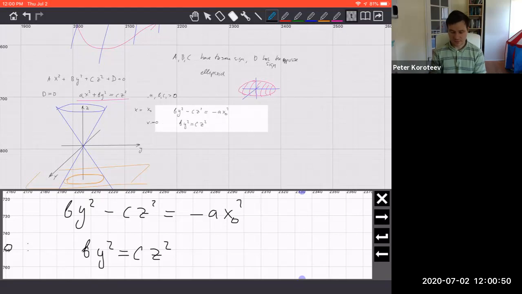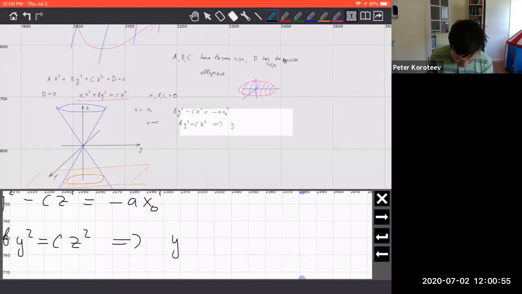Two lines, yeah, absolutely, right. Because indeed, the solution for this equation is y equals plus or minus the square root of c over b times z.